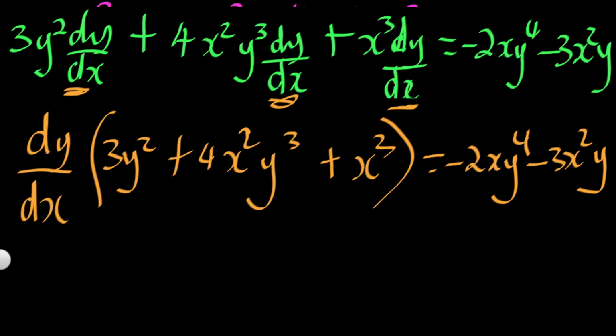Now to completely isolate dy dx, I have to divide both sides by this bracket so that I can isolate my dy dx.